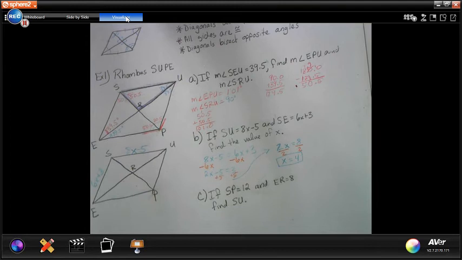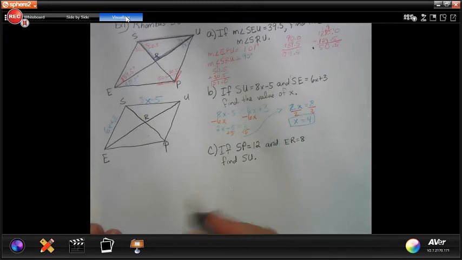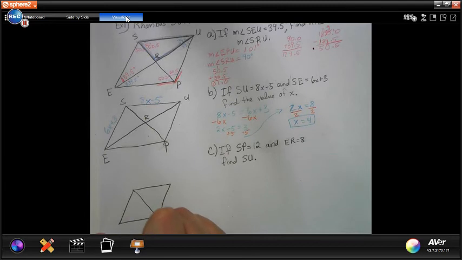Okay, the next problem. So I'm going to redraw my rhombus. S-U-P-E-R.